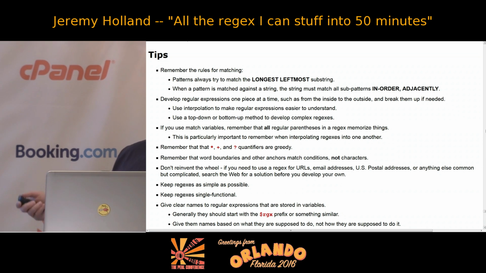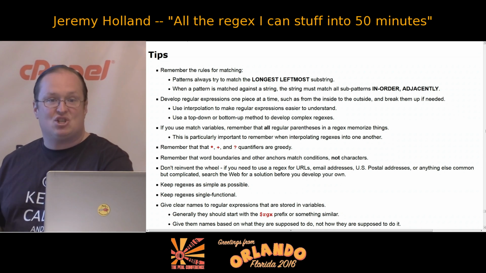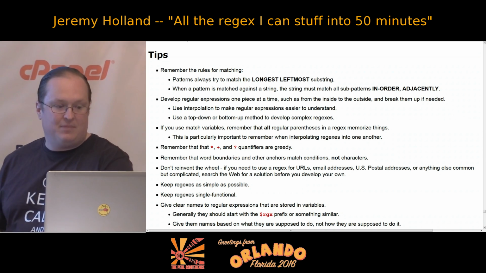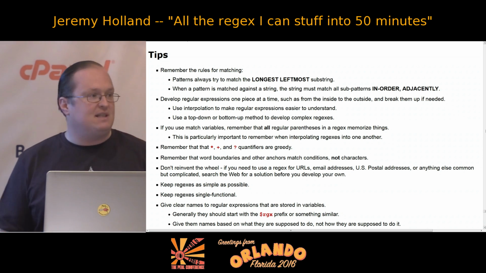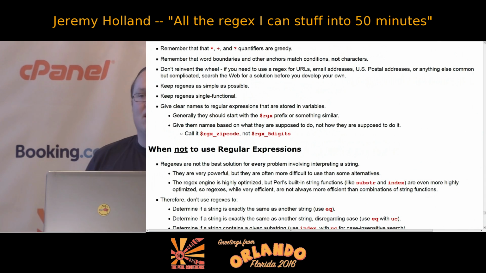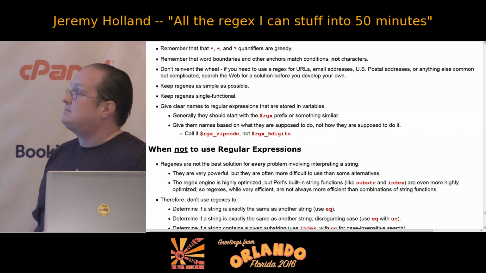Remember, if you use match variables, that all parentheses memorize things. Remember that word boundaries and other anchors match conditions or positions, not characters. Don't reinvent the wheel. There are whole swaths of CPAN devoted to pre-done regular expressions for URLs, email addresses, and just about everything else.